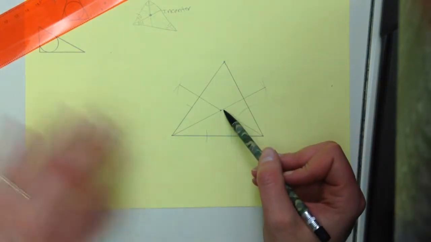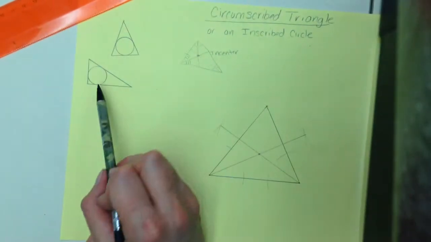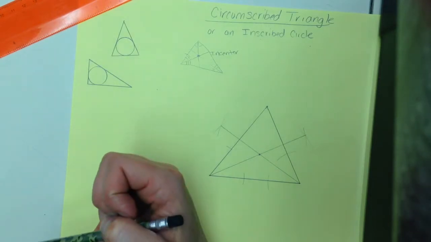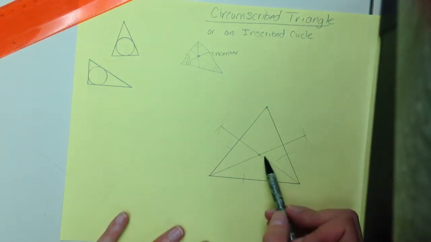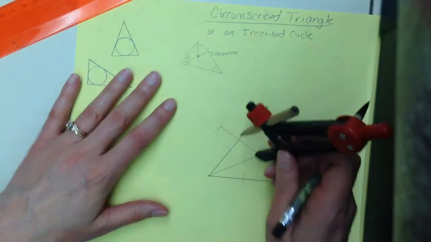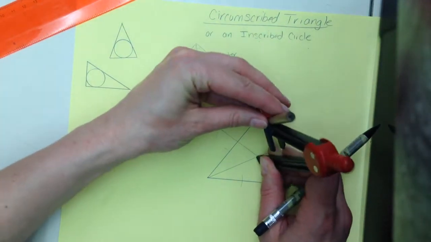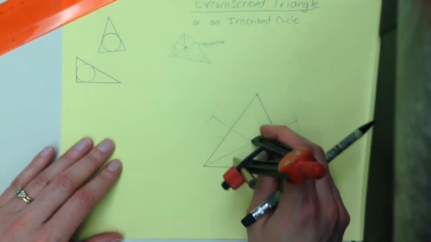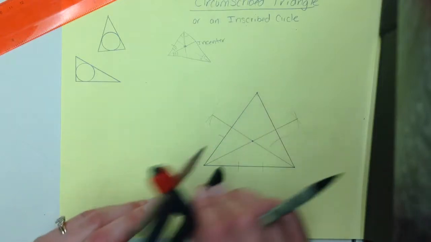Now I should be able to construct a circle using that point inside of my triangle. However, the only issue is we need to know exactly where to put the compass when I open it up, so I make sure I get a perfect inscribed circle.